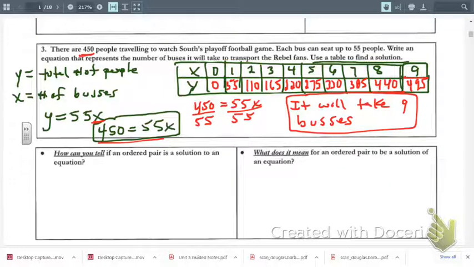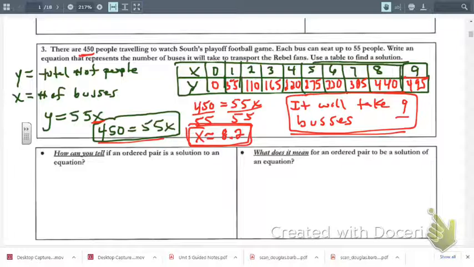Alright, so we would get 450 divided by 55. So we're going to get x is approximately 8.2. Well, this is an approximate answer, but like 8.2, you can't take 0.2 of a bus. Alright, so that's why we would have to round up to 9 here. Alright, but here we solved by using a table. Here we solved by solving the equation.